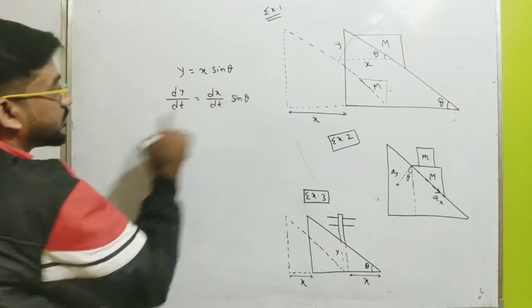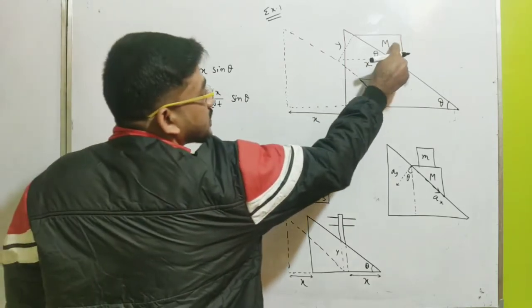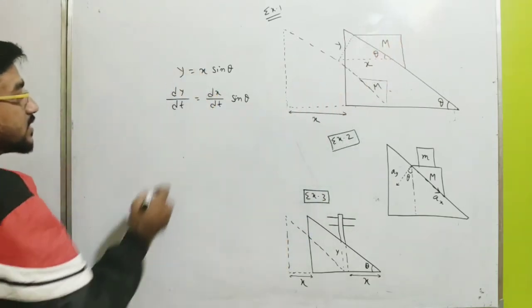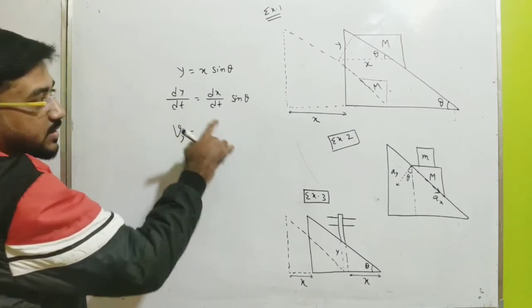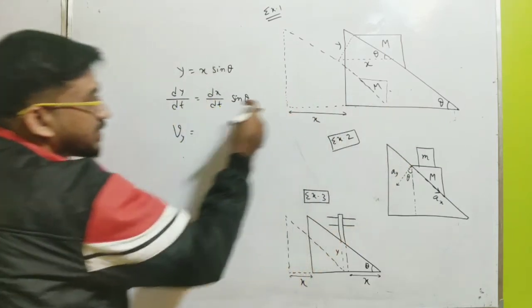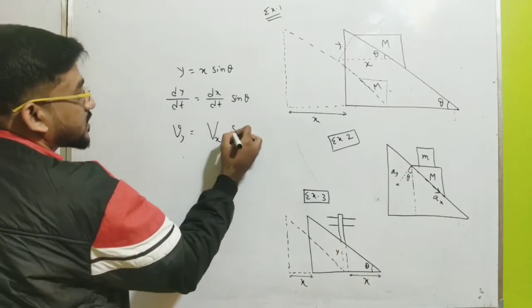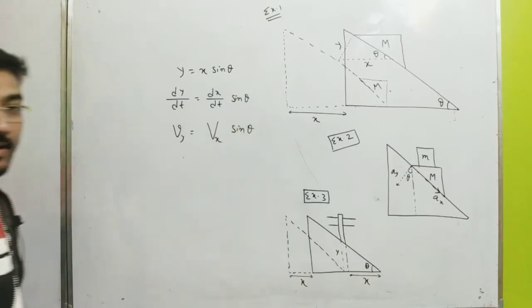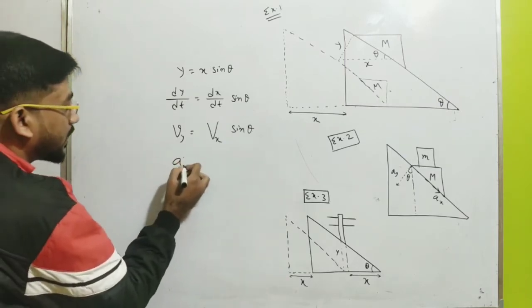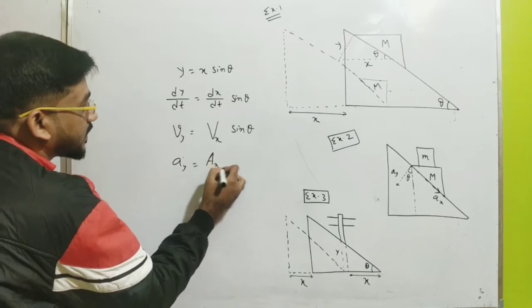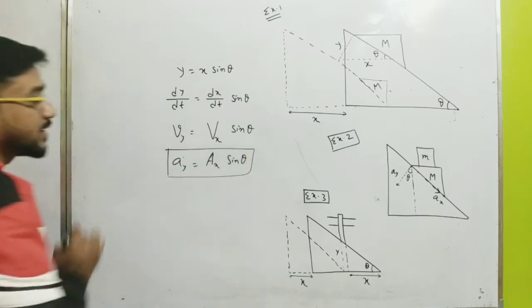This gives the velocity relation, because dy by dt is the velocity of this mass along this direction, that is vy, and dx by dt is the velocity of the wedge along this direction, capital Vx. So vy equals Vx sin theta. If we differentiate again with respect to t, we get ay equals ax sin theta. This is the acceleration relation.